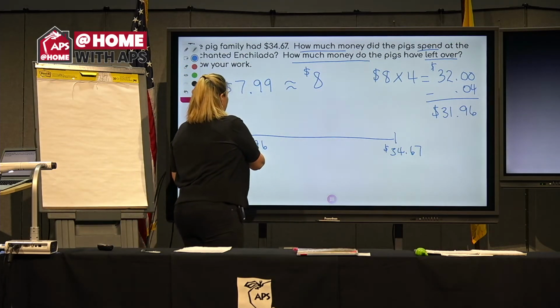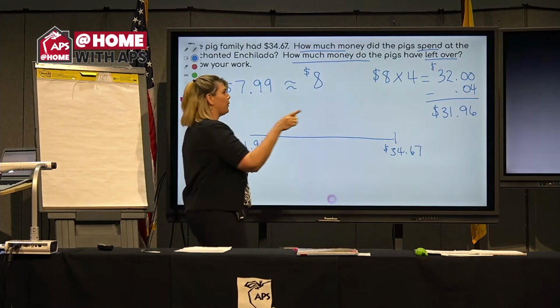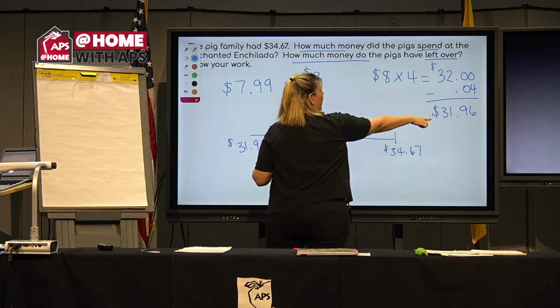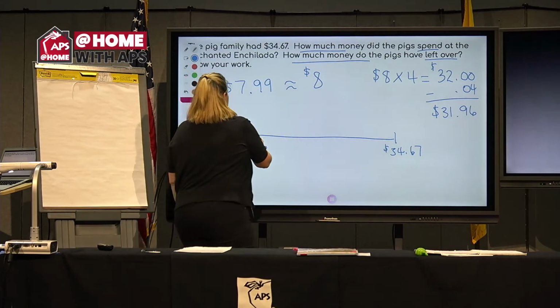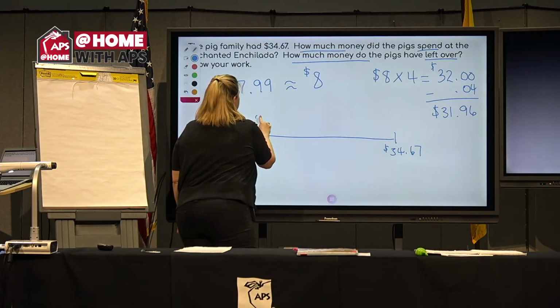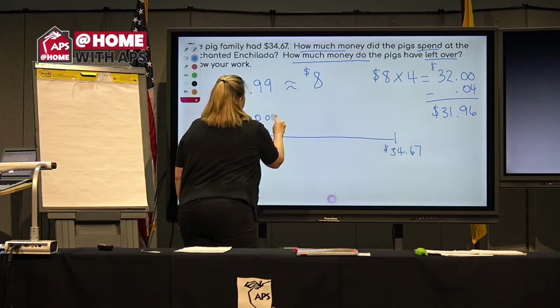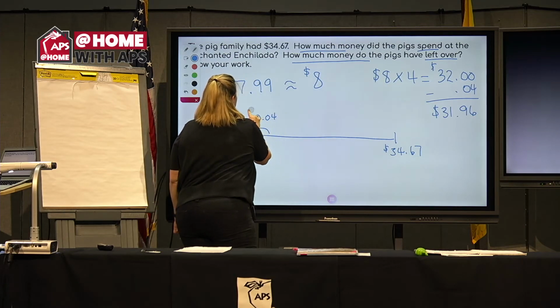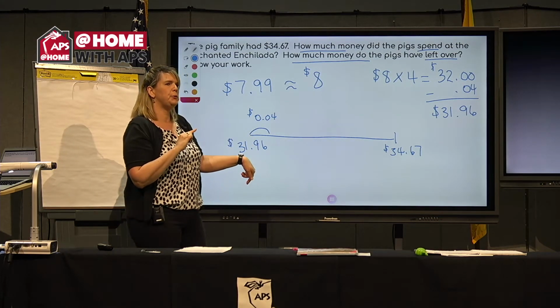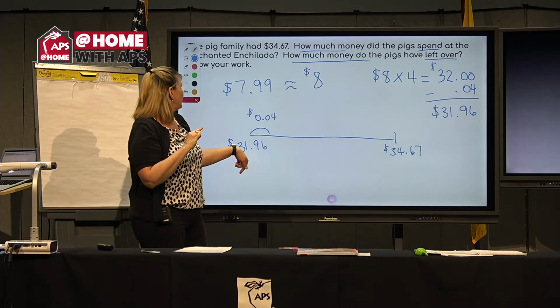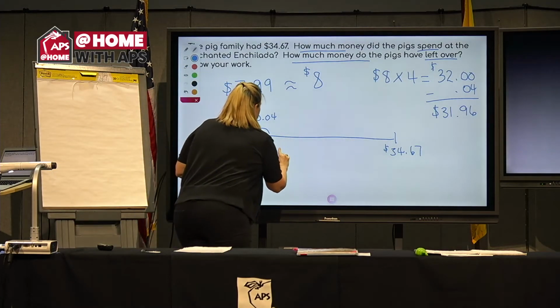So think back to what we did here to figure out that amount. I'm going to get to that next friendly number, okay? So if I only need 4 cents to get to that $32, right?